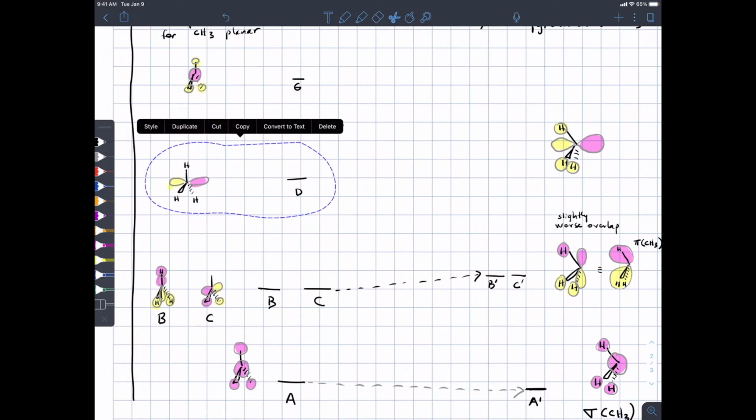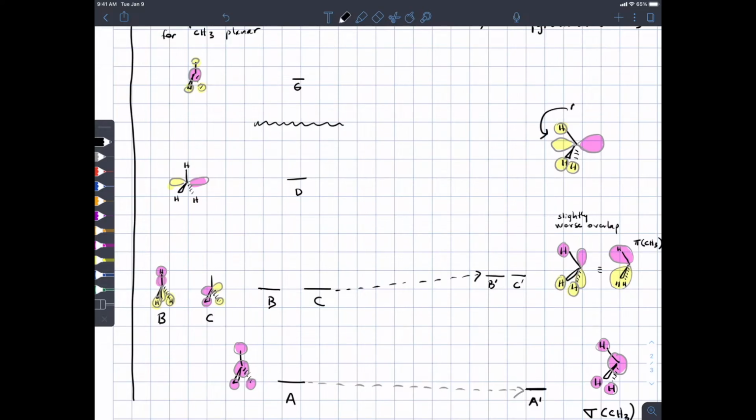Because we have new overlap where we didn't before, new CH overlap. And going from 0 CH overlap to quite a bit of CH overlap actually should take us down in energy by quite a large amount.